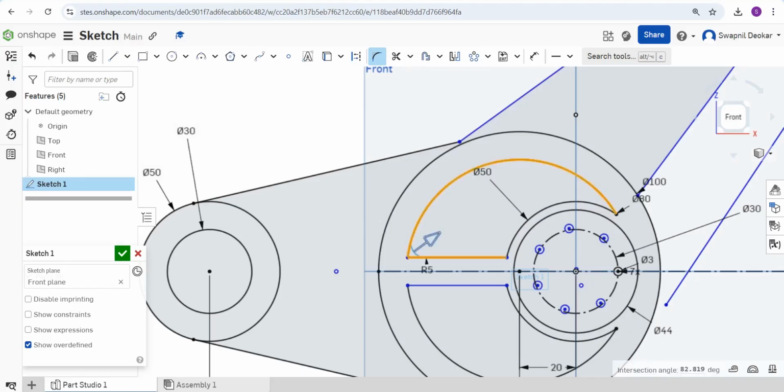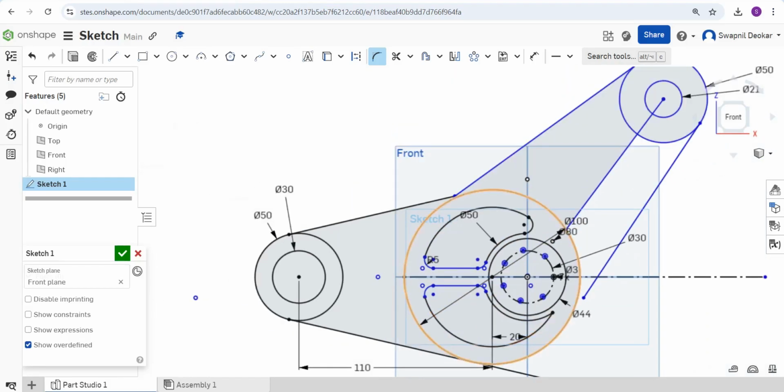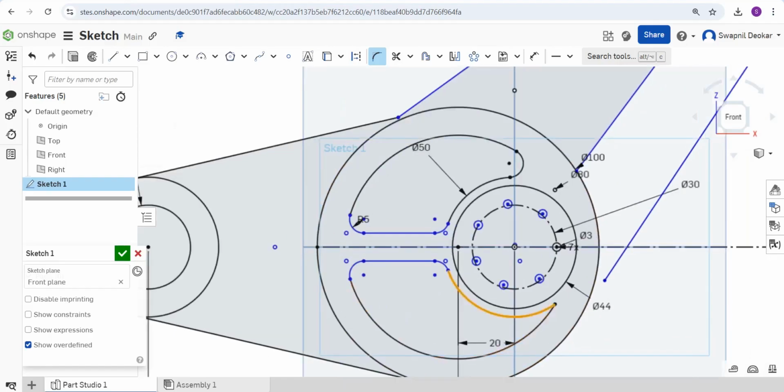This to this, the fillet is of 5 mm radius. This to this, the fillet is of 5 mm radius. This to this, the fillet is of 5 mm radius. This is also a fillet of 5 mm radius. This is also a fillet of 5 mm radius. Again, this is also a fillet of 5 mm radius.